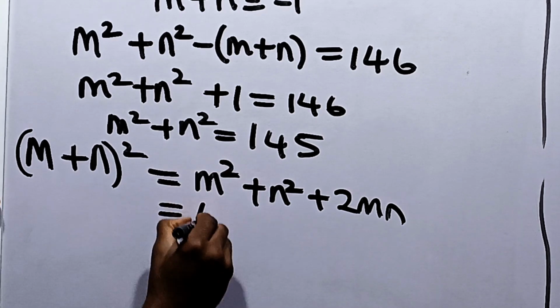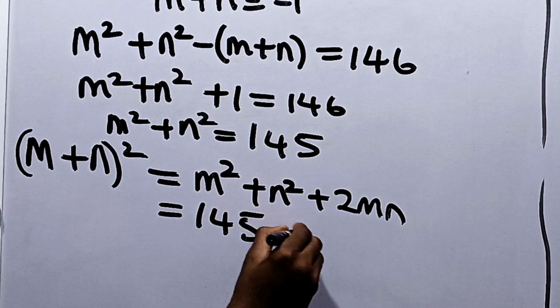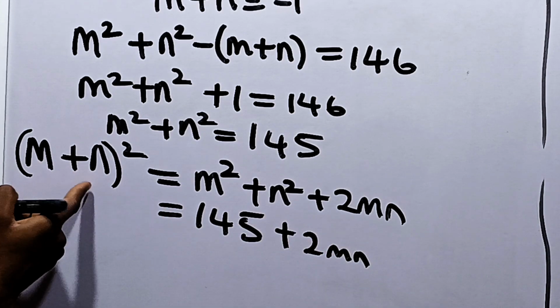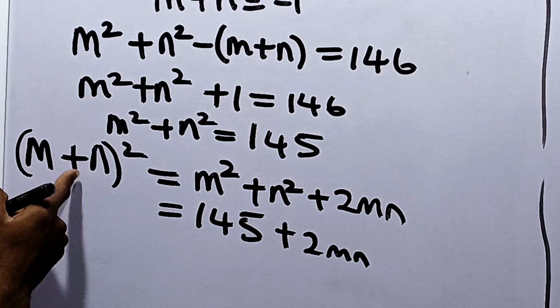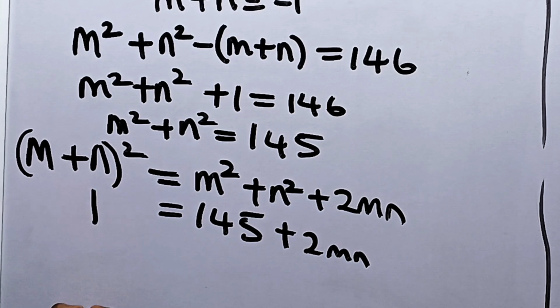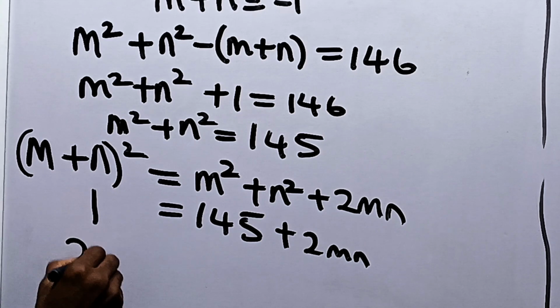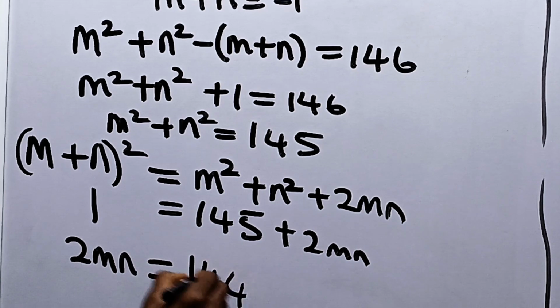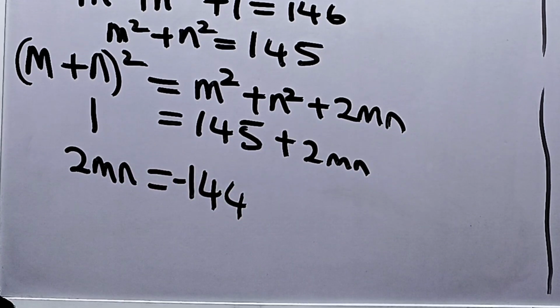So this is equal to 145 plus 2mn. And our m plus n all squared is the same thing as m plus n is minus 1. So minus 1 all squared is 1. Okay? So invariably means our 2mn is equal to 1 minus 145, so this is minus 144.